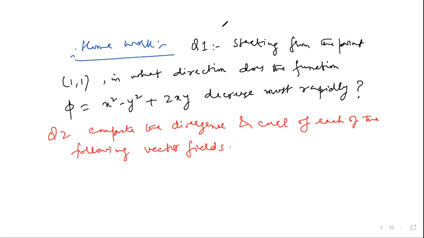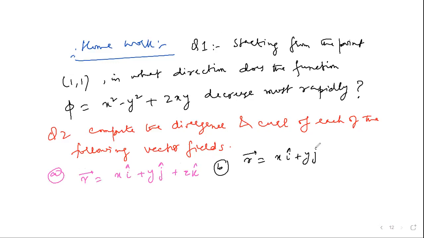Part A is R equal to x i cap plus y j cap plus z k cap. Part B is R equal to x i cap plus y j cap.